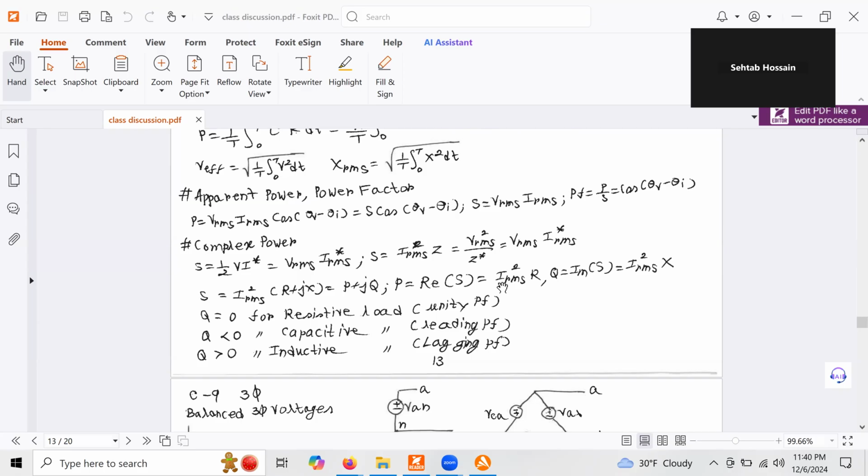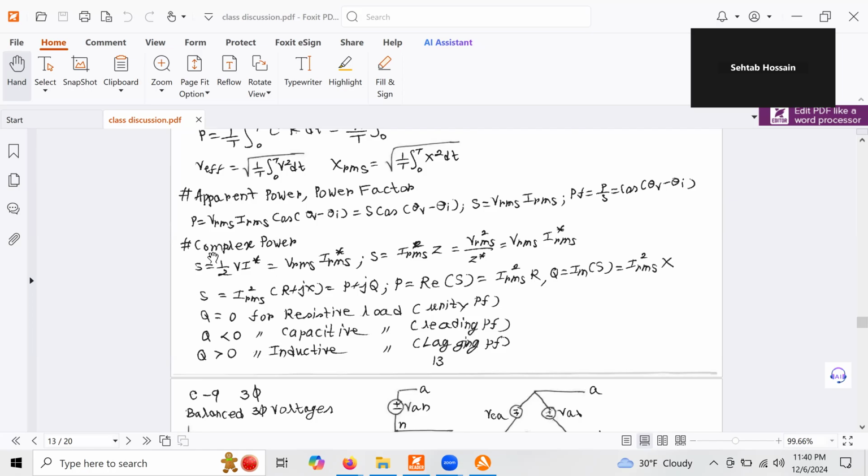We get the maximum output when there is no reactance over there. If I have an equal amount of reactance from the inductor and an equal amount of reactance from the capacitor, then the two reactances will cancel each other. Then I am left with only resistance over there. Then I will get the maximum output from those AC circuits.